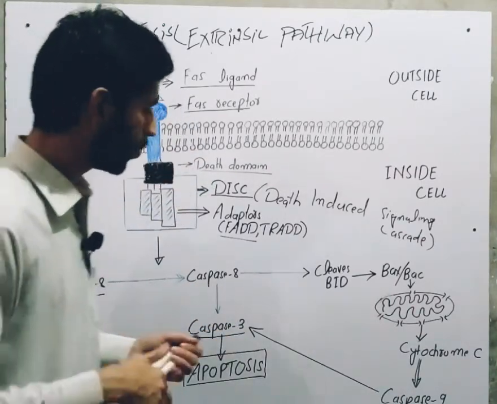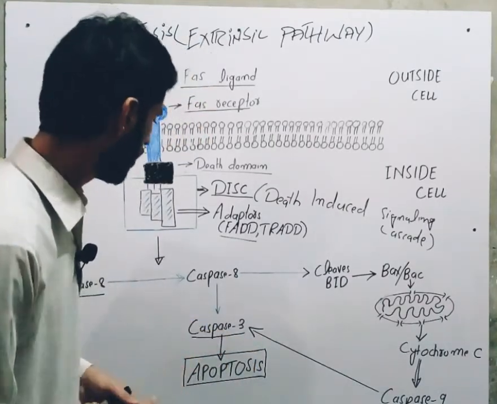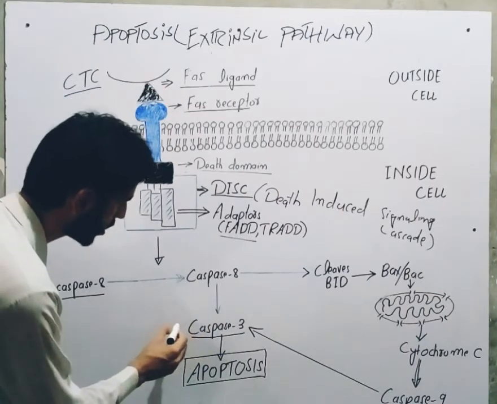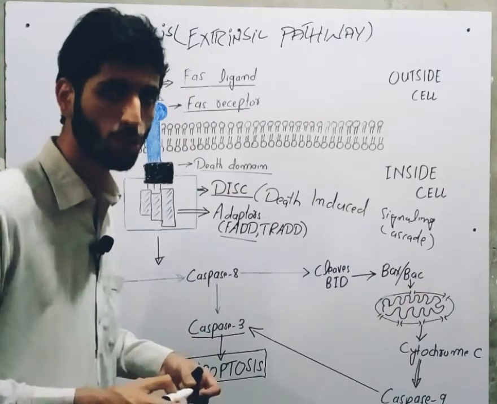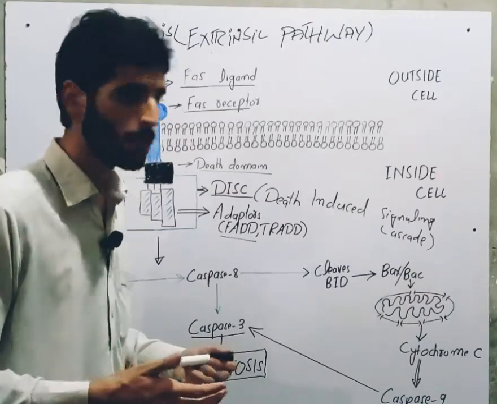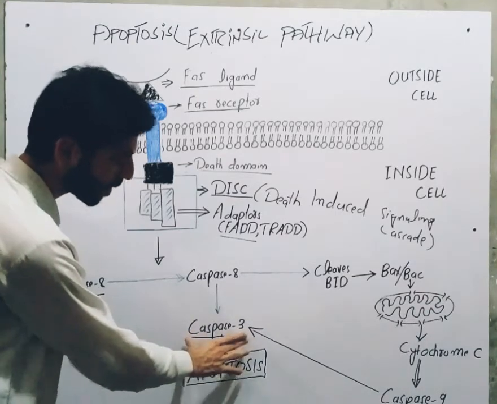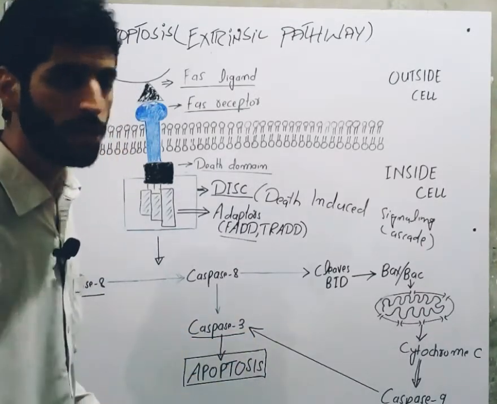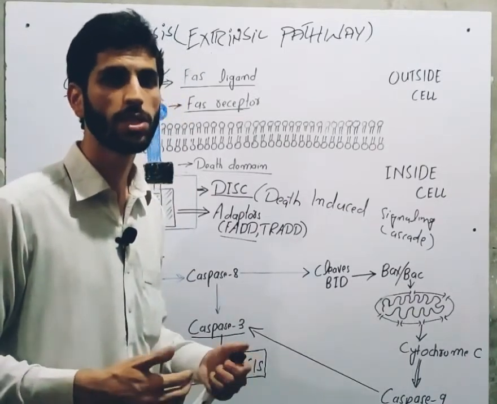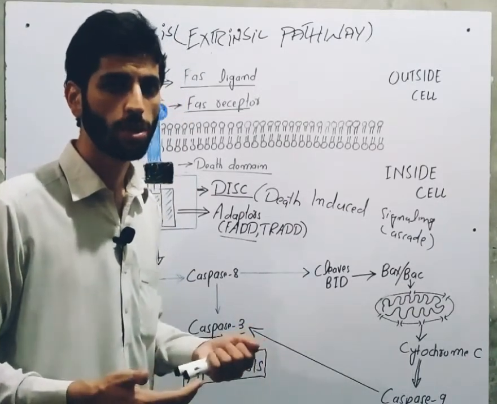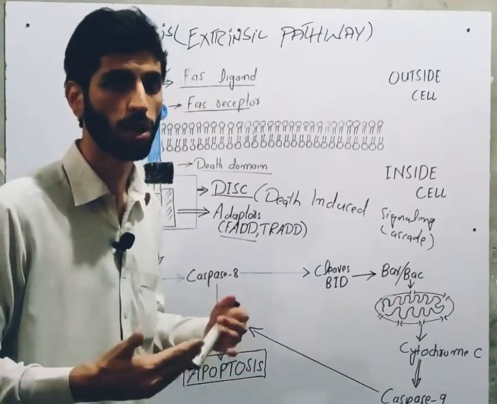So what happens when caspase 3 gets activated? Actually, caspase 3 is also activated from an inactive form, procaspase 3. But when it gets activated, it becomes caspase 3. And as we already talked about in the intrinsic pathway, caspases are enzymes which must be activated for apoptosis to occur.